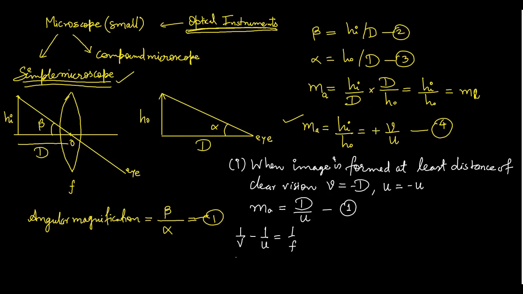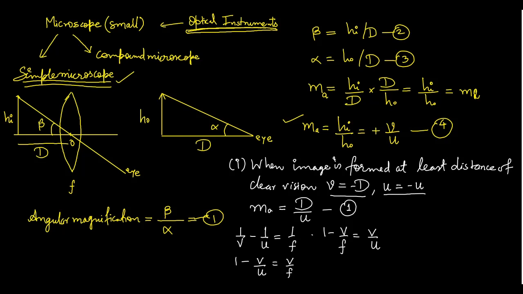Multiply both the sides with v. So it will become 1 minus v by u equals v by f. And again, we can write 1 minus v by f equals v by u. Again substituting the value, v equals minus d and u equals minus u.